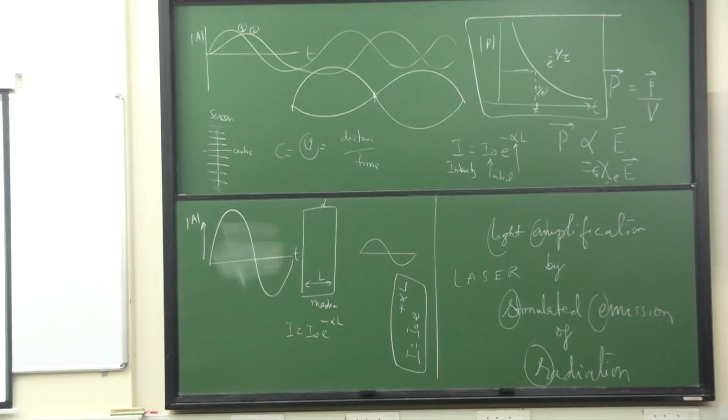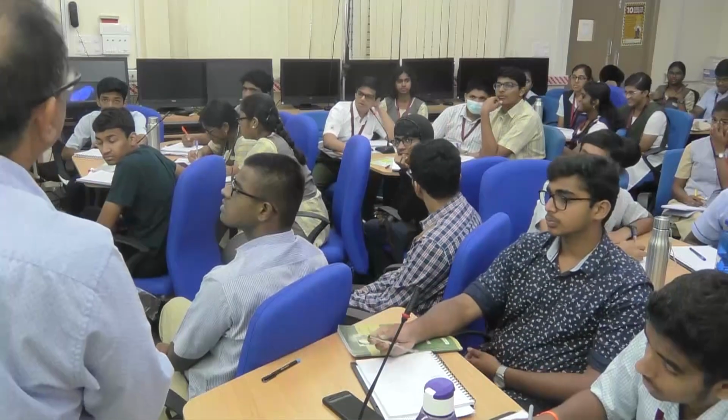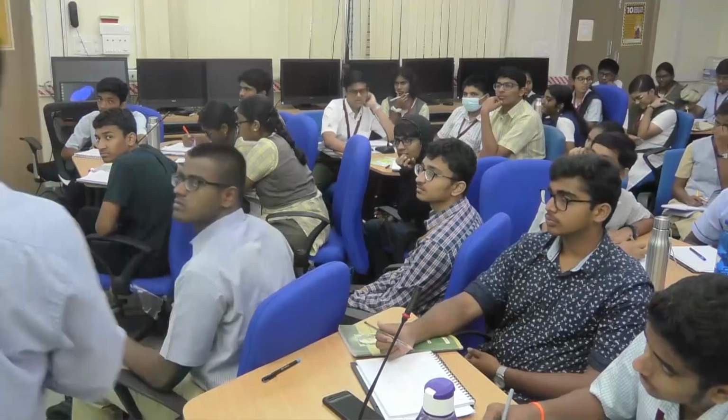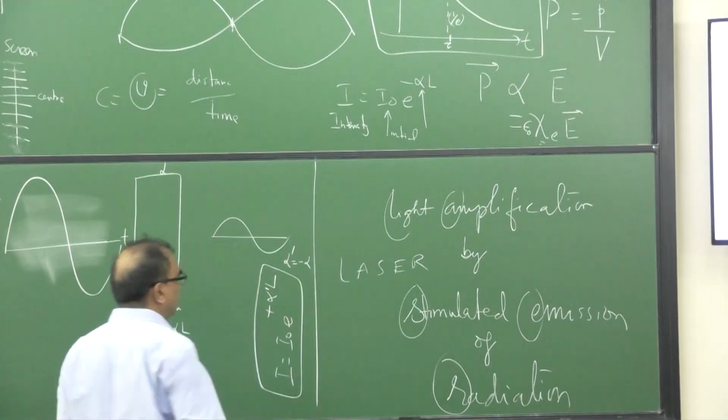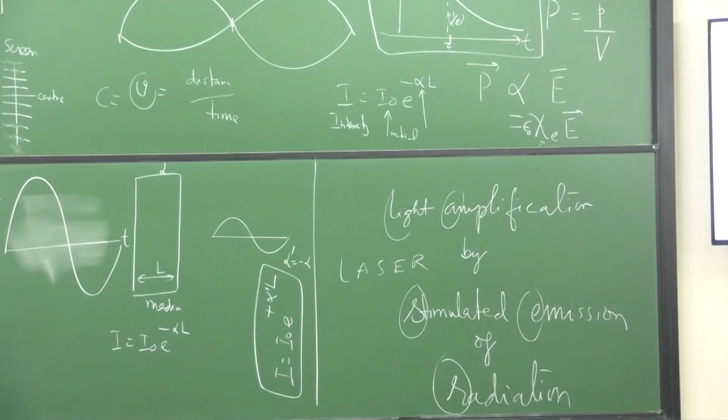Sir, what exactly is alpha in the last formula that you gave us? What does alpha represent? I said alpha prime, let us say, is equal to minus alpha. But what is alpha?